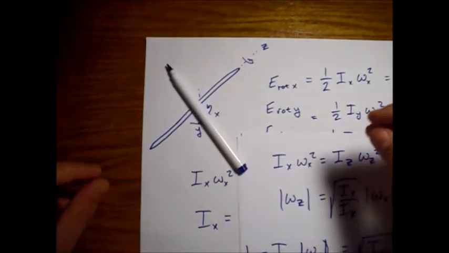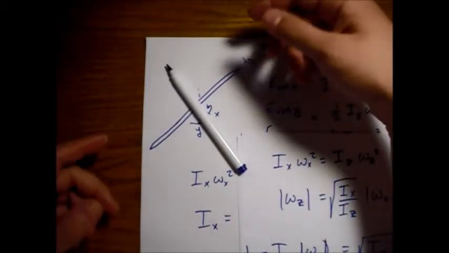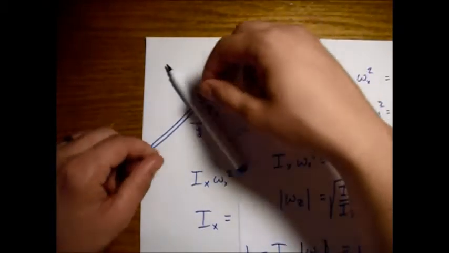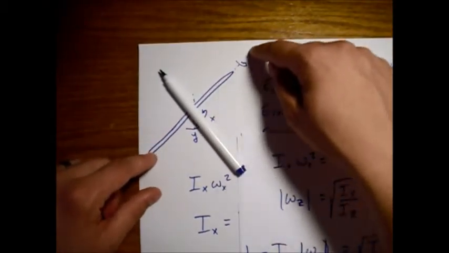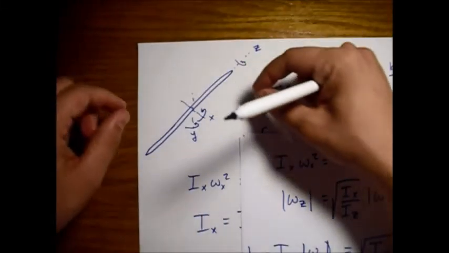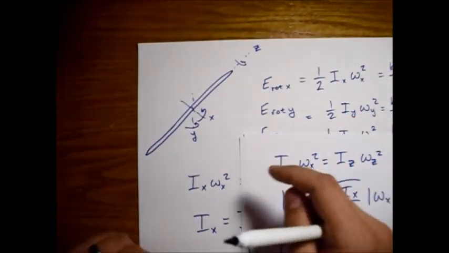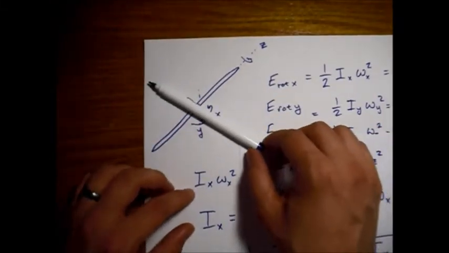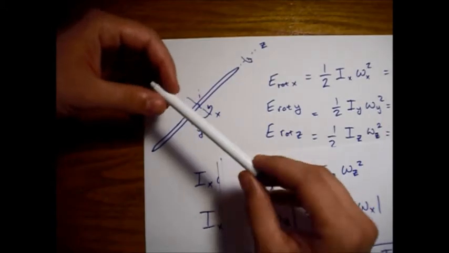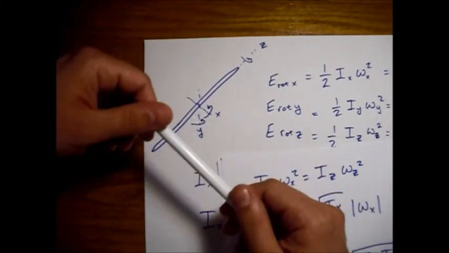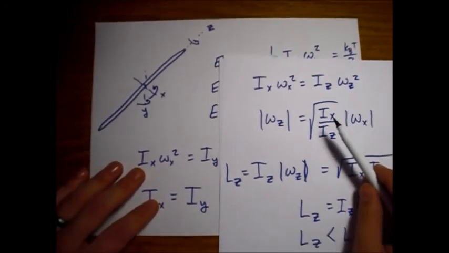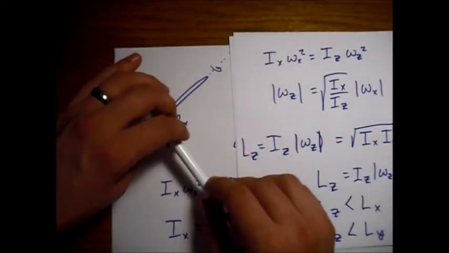Very little angular momentum will be actual rotation around this axis of symmetry. A pen is a good example. It's going to want to turn like this and not spin like this. So as far as the angular momentum goes, this is going to be much larger.